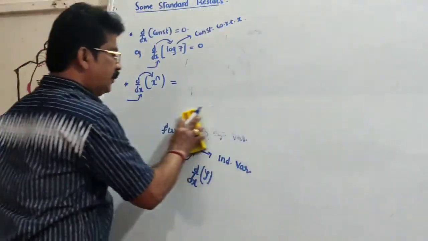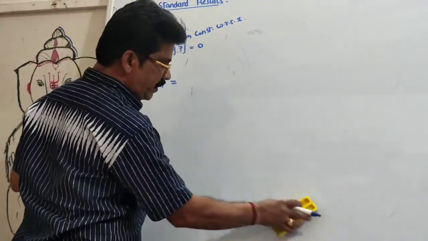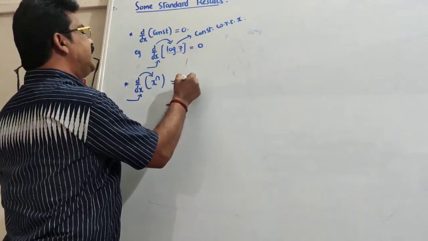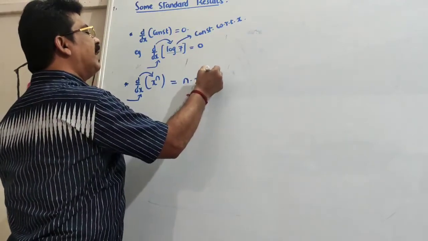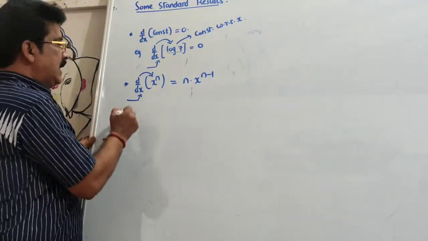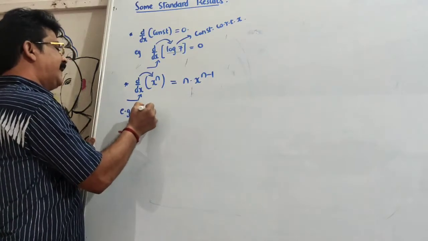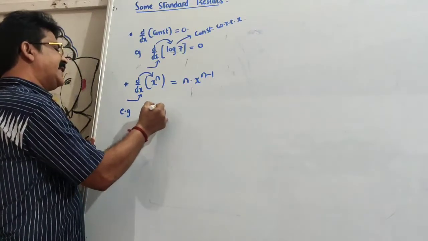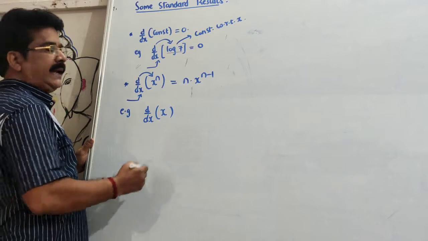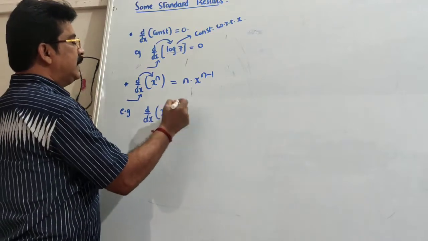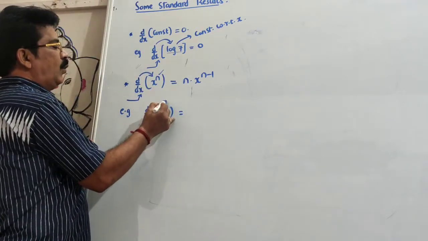Okay, so d by dx of x to the power of n, the formula is n into x to the power of n minus 1. Some examples. First, d by dx of x. x means x power 1, so instead of n, 1 is there.